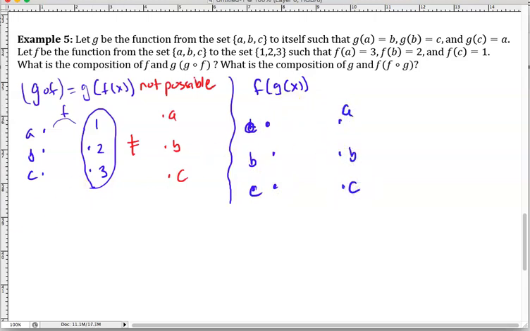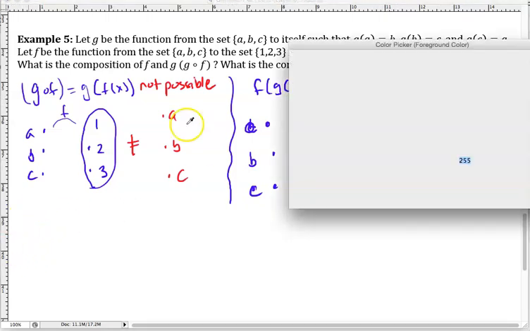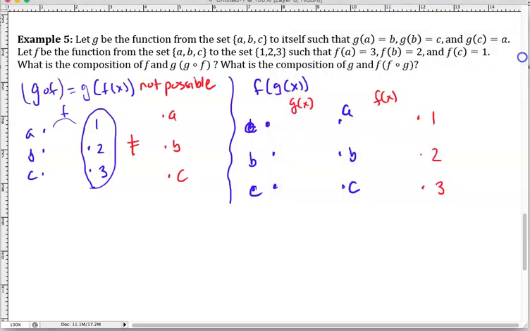So we're going to do the g function first. And these outputs need to be the inputs of f, and that will work because the inputs of f are ABC, and we want the outputs to be 1, 2, 3 for the f function. Alright, good. So we know that composition is going to work that way.